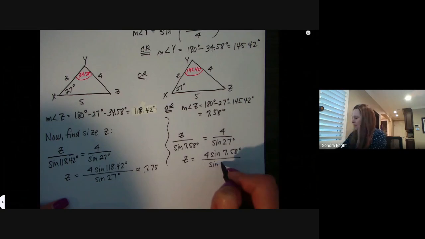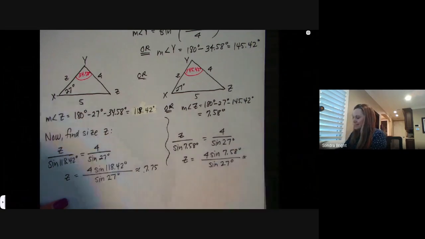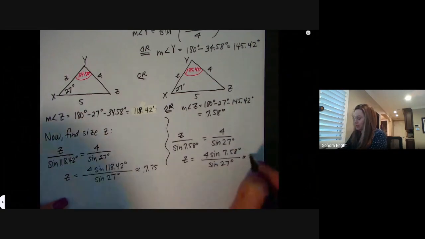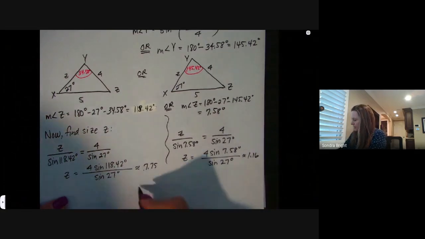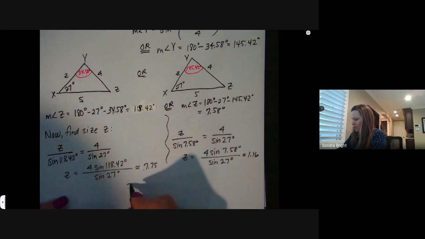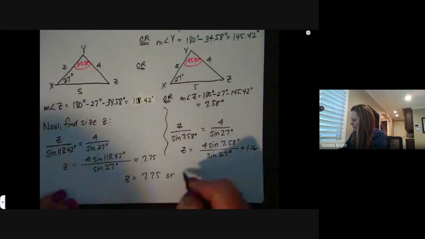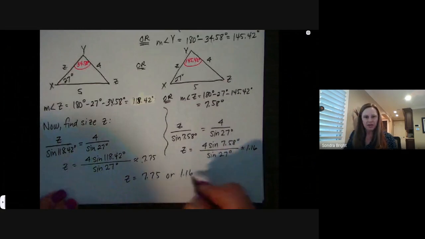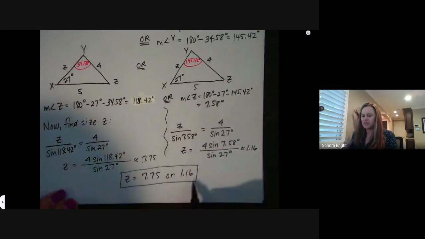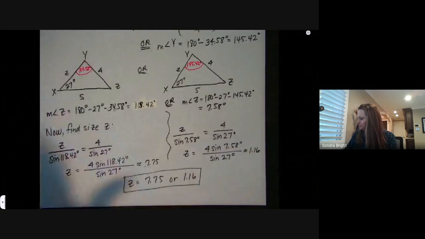And that will end up giving you 1.16. So you have two answers. Z is either 7.75 or 1.16, because two triangles satisfied that given information.